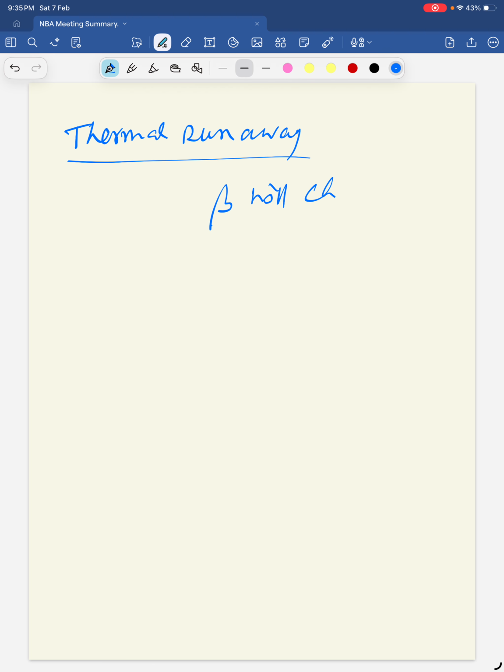If beta changes, the other current components also will change. So IB will also change, so IC will also change. So when IC changes, the Q point will again change.